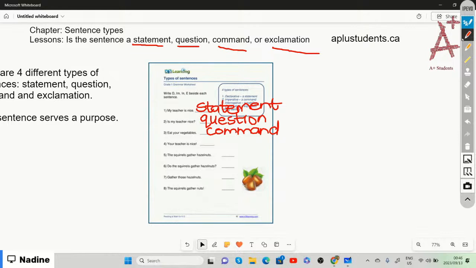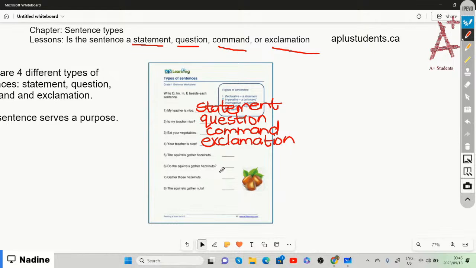If we look at the sentence that says, your teacher is nice, it is not commanding. It is basically just a statement. So this is an exclamation. This is an exclamation sentence.